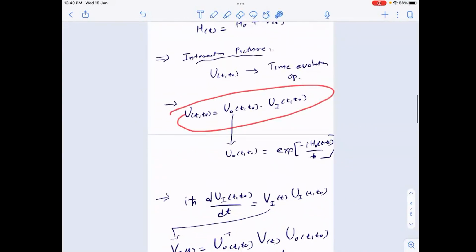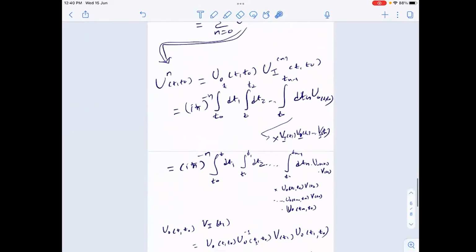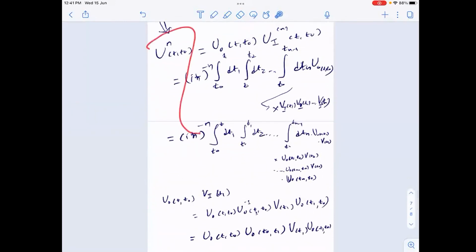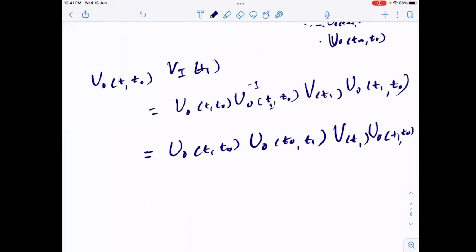So with the help of this and with the help of the previous derivation for UNTT0, which is this, I know now there are too many equations, but just wait to see the result.